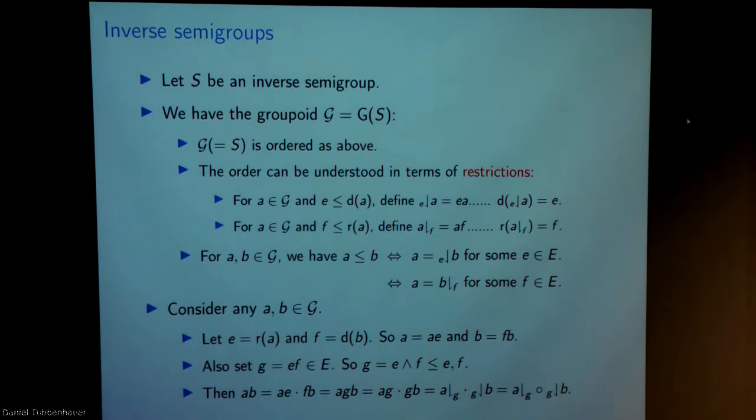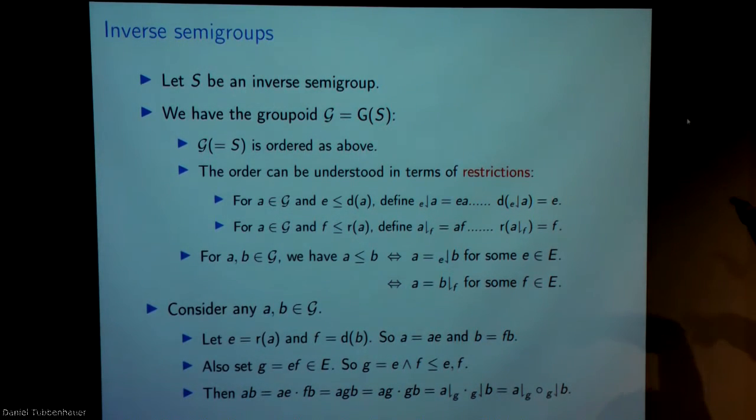So somewhere below A is A restricted to G, somewhere below B is B restricted to G, and we can compose these guys in the groupoid, and this just shows that their composition is exactly the product in the semigroup.